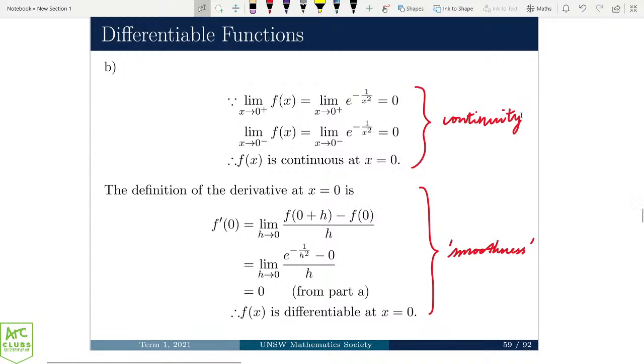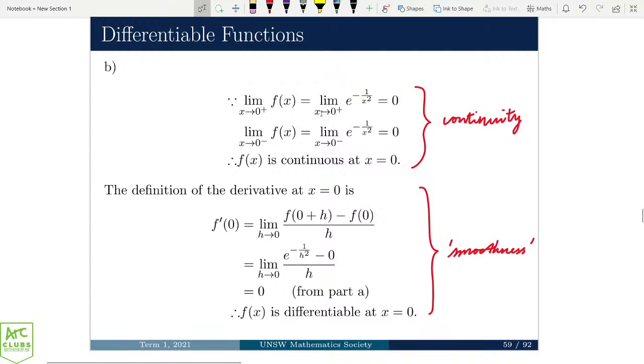So firstly, to prove continuity, recall that in order for us to prove that a piecewise function is continuous at its boundary, what we simply do is take the limit of the function as x approaches 0 from both the right-hand side and the left-hand side. As you can see, that's exactly what we've done here.